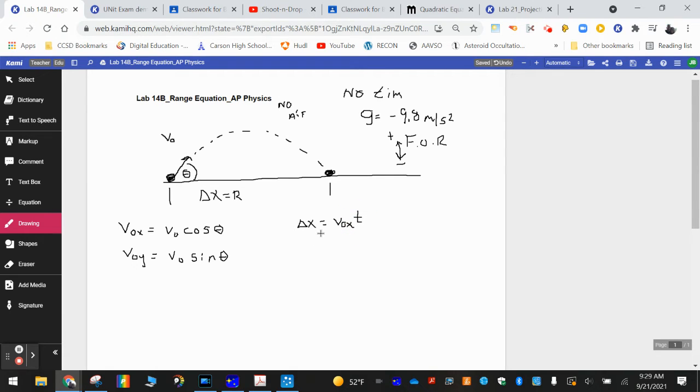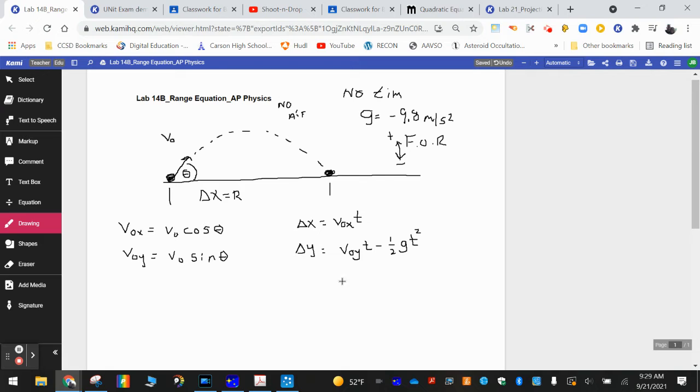And we also know that delta y is equal to V0y times the flight time minus 1/2 g t squared. It's negative because in our frame of reference going down is negative, so g is negative, and I put the negative sign out here. So these are our initial parameters.